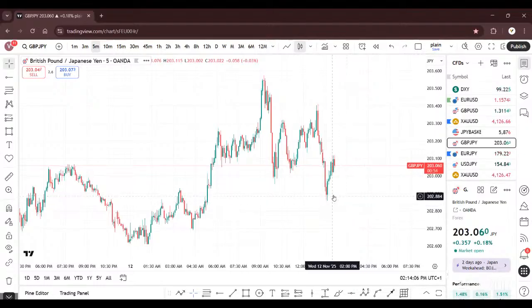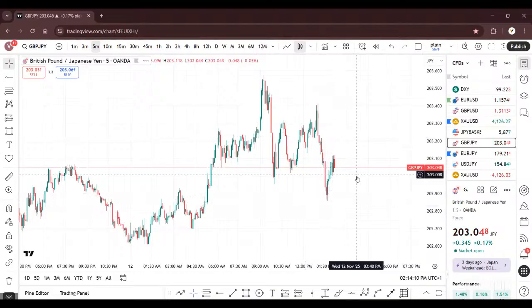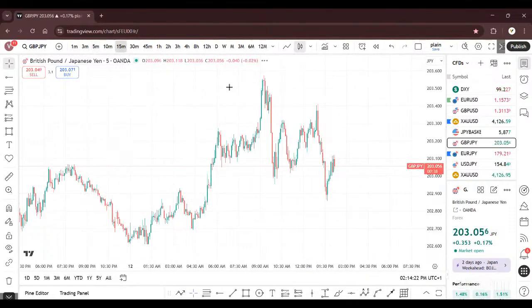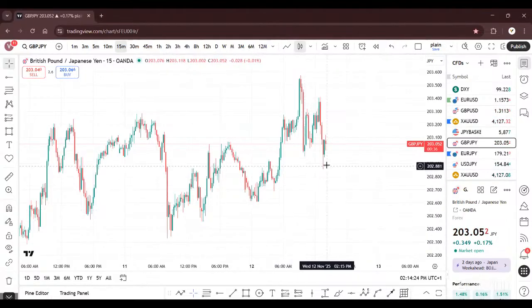So for me overall, I'm expecting a GBP JPY buy. Right now, I just want to see a few confirmations, in terms of a proper engulfing candle, and or possibly a morning star pattern to print out on the 5 minutes or 15 minutes time frame of Euro or GBP JPY. Then I'll be taking my buy.